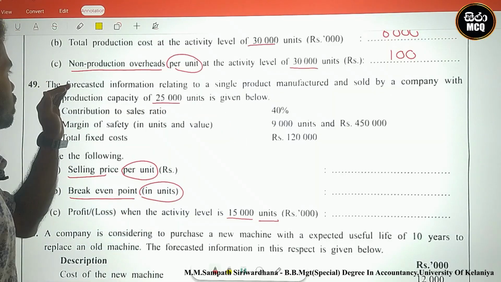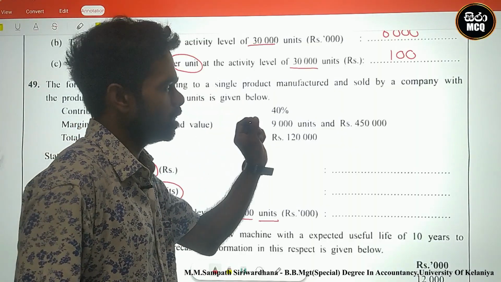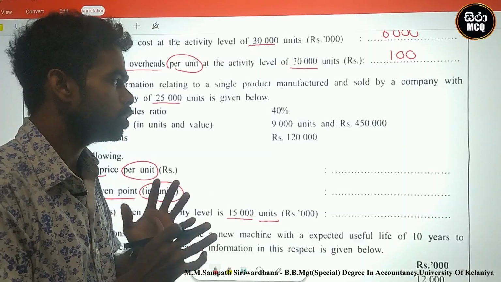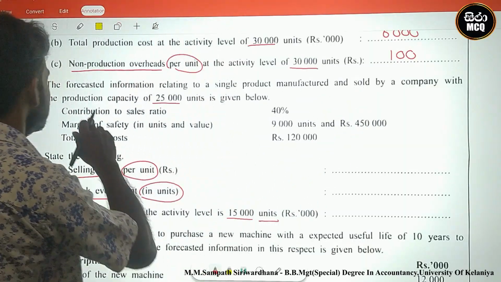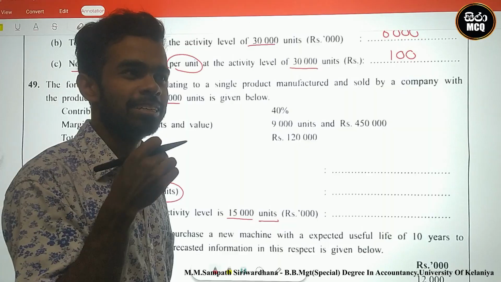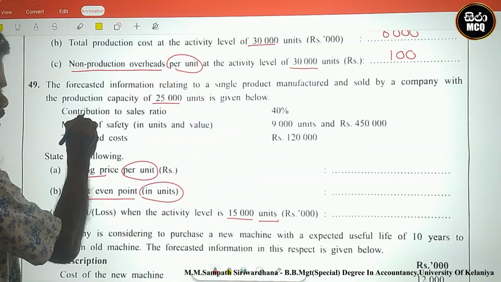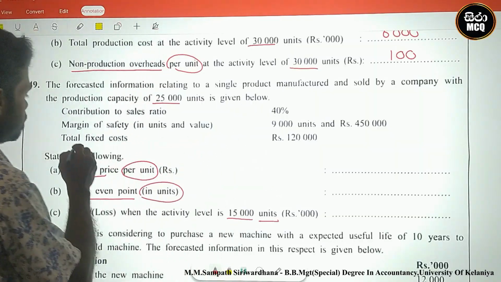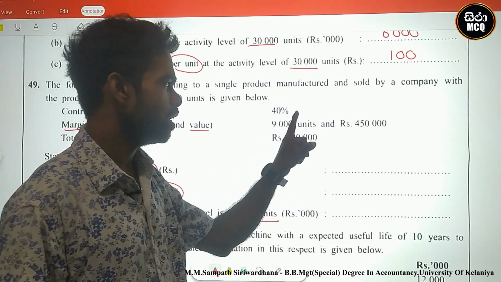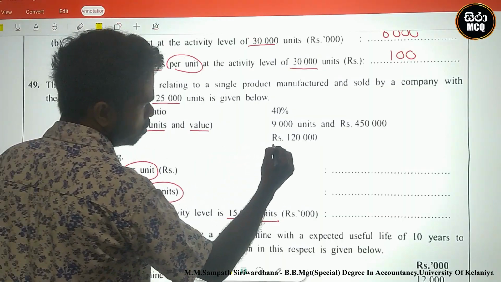Production capacity means the number of units produced or sold. The contribution to sales ratio is 40%, the margin of safety is 9,000 units and 450,000 rupees in value, and the total fixed cost is 120,000.